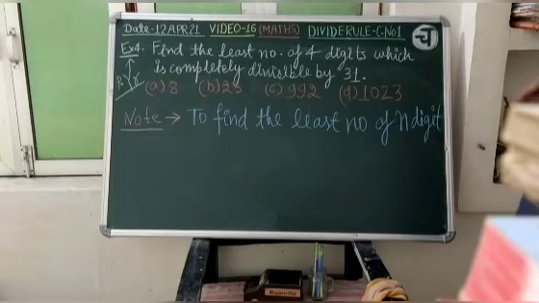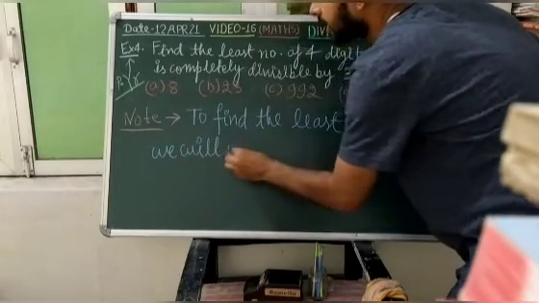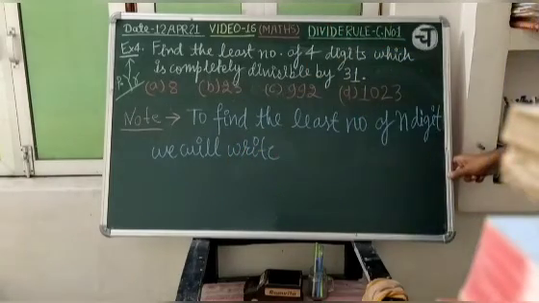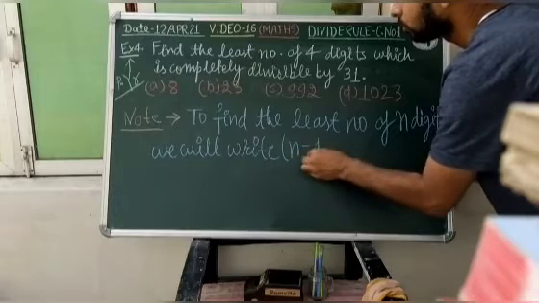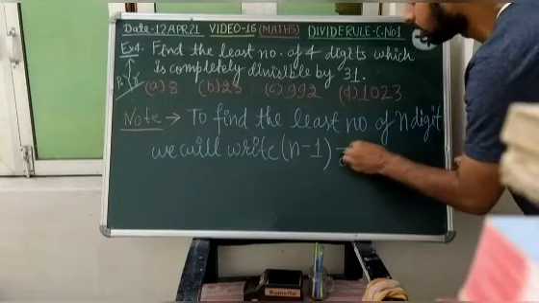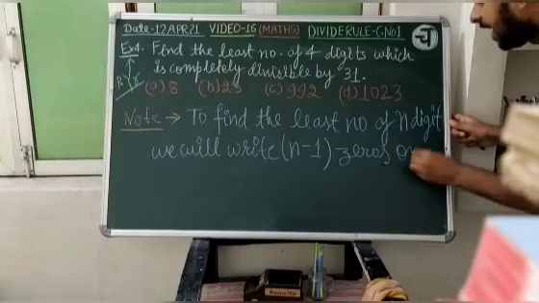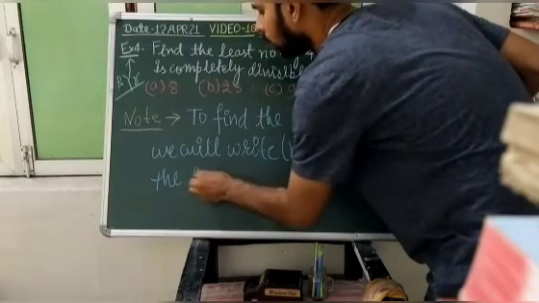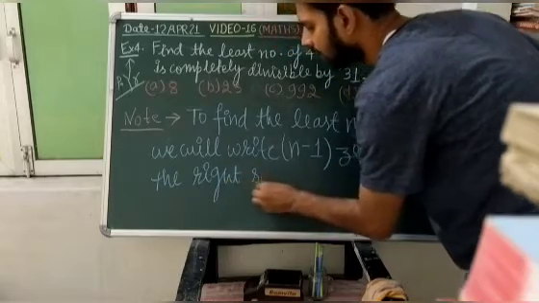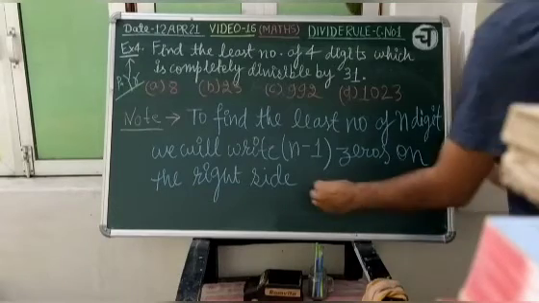So for that, what will we do? To find the least number of n digits, we will write n minus 1 zeros on the right side of 1.